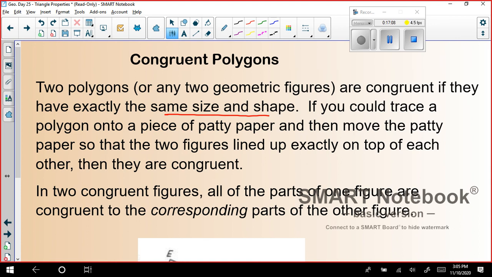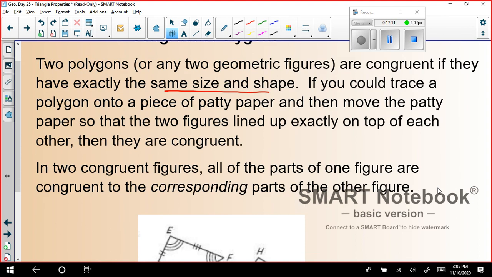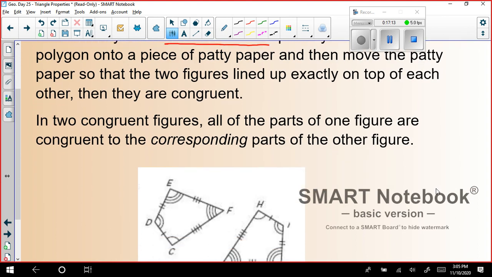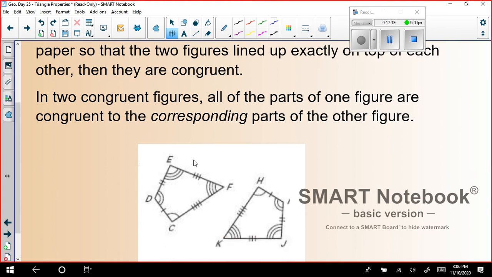In two congruent figures, all parts of the figure are congruent to the corresponding parts of the other figure. So if I were to say these two quadrilaterals are congruent, I should find 4 corresponding angles which are congruent. I should find 4 corresponding sides which are congruent.